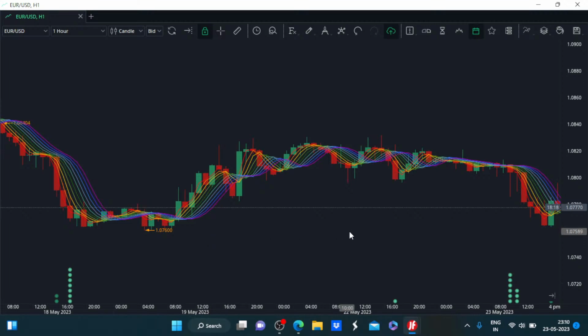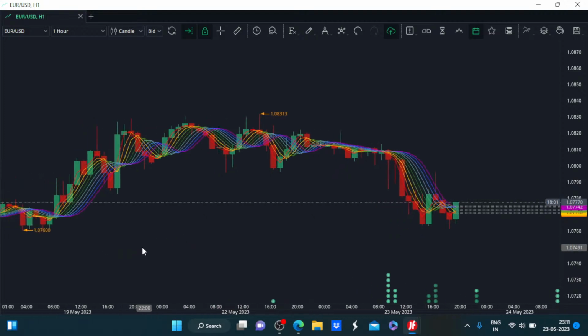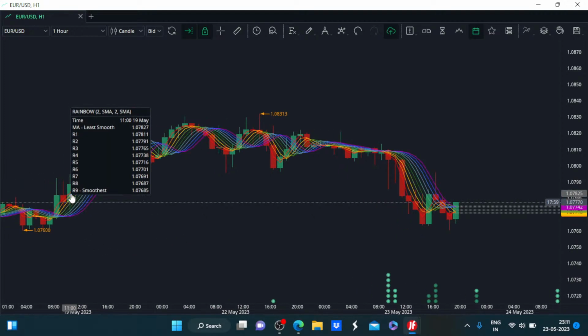So our job would have become much easier in reading if things are getting sideways. It is always better to allow the clarity to emerge. So all we have to do is see how things are looking on the rainbow chart.